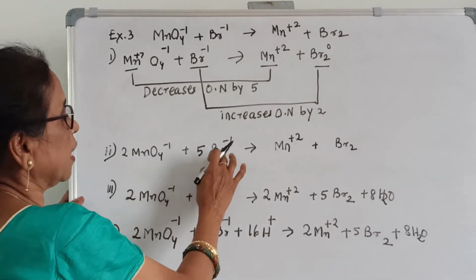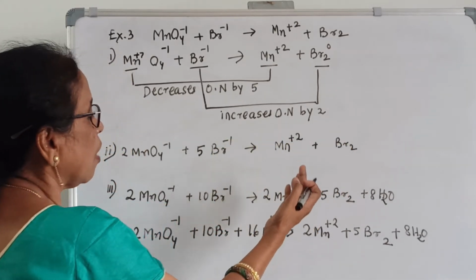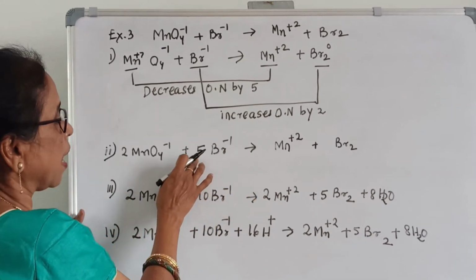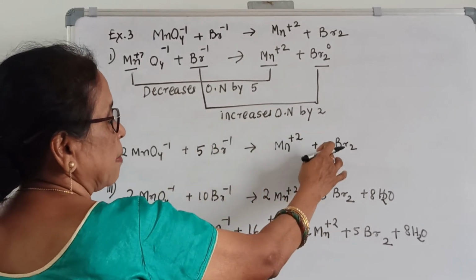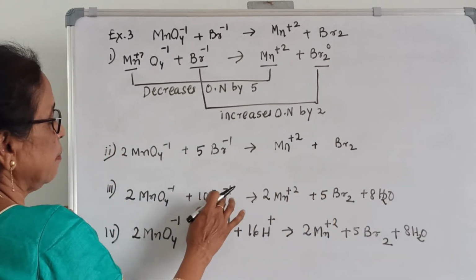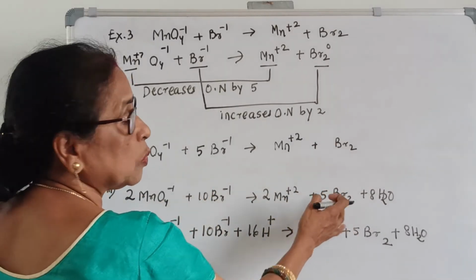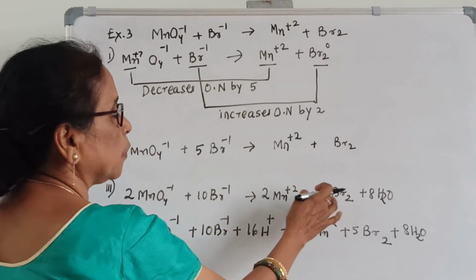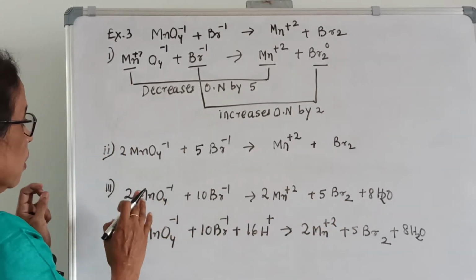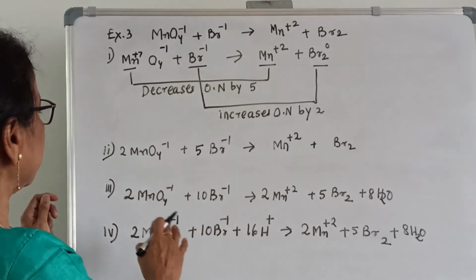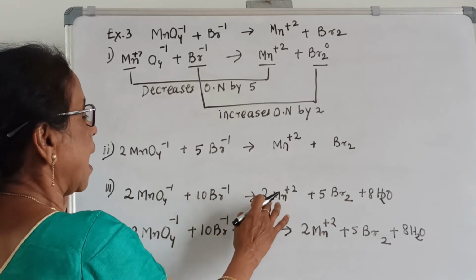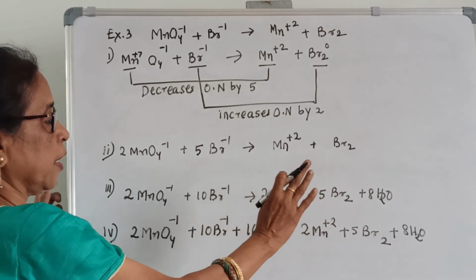Now how can you make balance? It is multiplied by 2 and it is multiplied by 5. So 10 Br minus and 5 Br2. See here bromine 10, bromine 10, because 5 into 2 is 10. Now up to here it is completed. 2 MnO4 minus 1, 10 Br minus 1, and 2 Mn plus 2, 5 Br2.